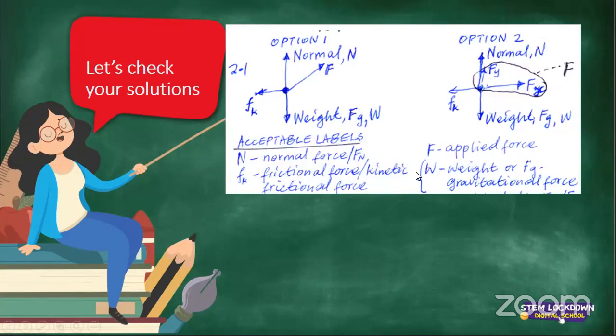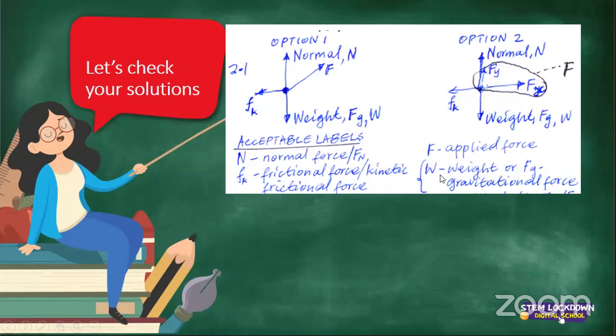We have also mentioned the acceptable labels. The normal force can be represented by N or normal force or Fn. The kinetic frictional force can be represented by Fk or just frictional force. The applied force you can represent with F applied.